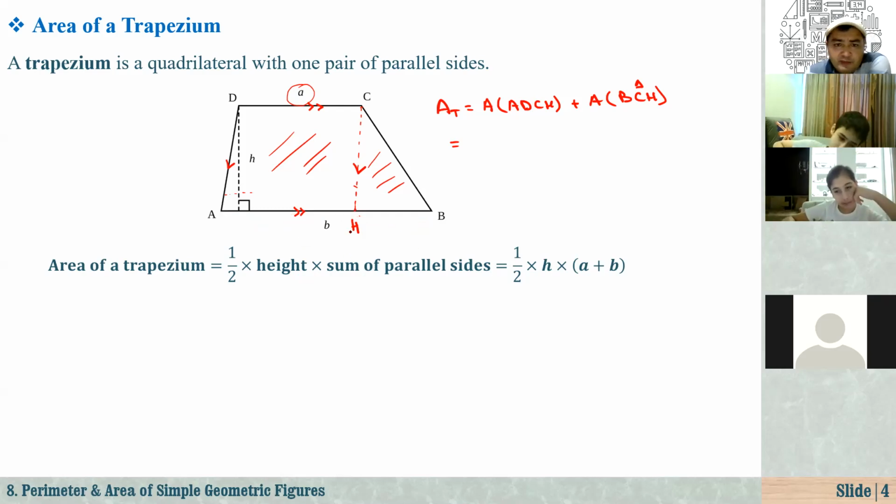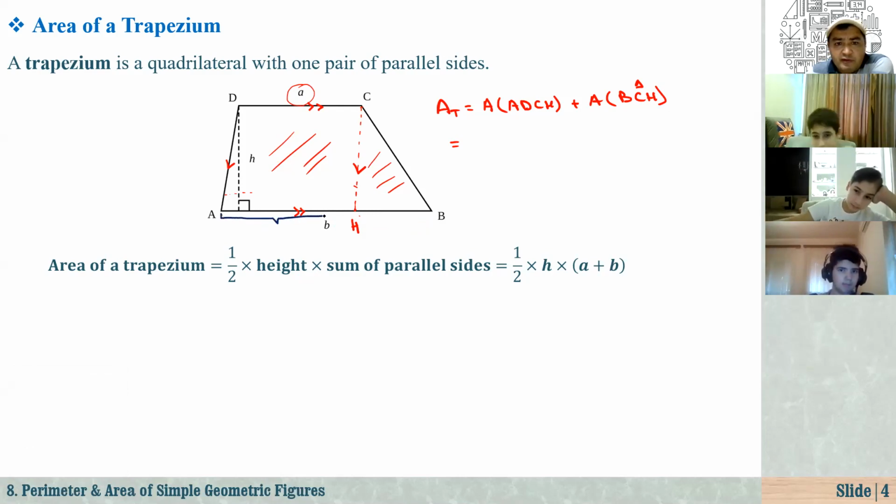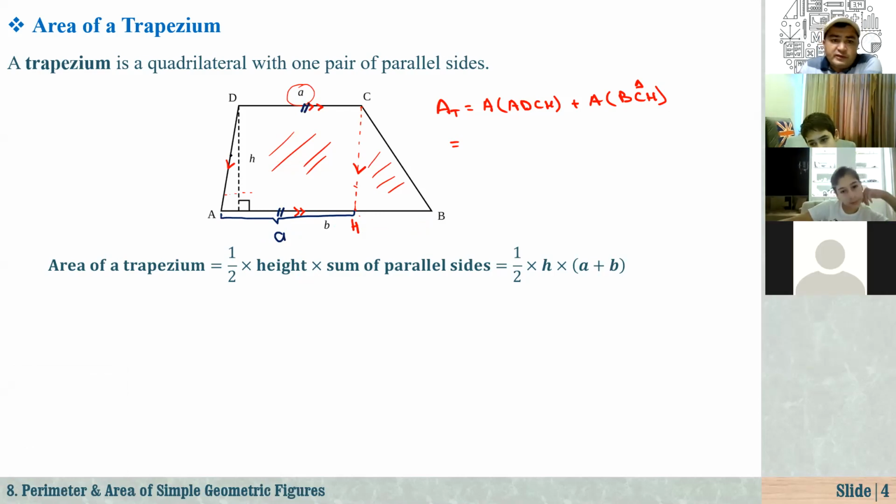Hi, Mr. Kasim. So from AH, since ADCH is a parallelogram, the length of this part should be equal to A, because opposite sides are equal. And also this one equals this one, that is AD is equal to CH. So if AH is equal to A, and we know that the length AB is equal to B, the remaining part should be equal to B minus A.